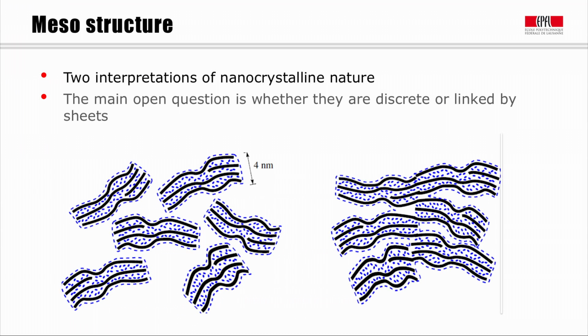So I've tried to show those similarities here. This is the colloidal model on the left, where we have these nanocrystalline regions which are not connected. This is the kind of alternative model on the right, where we have nanocrystalline regions which are connected. And from many points of view, it's probably not so important which one is correct.